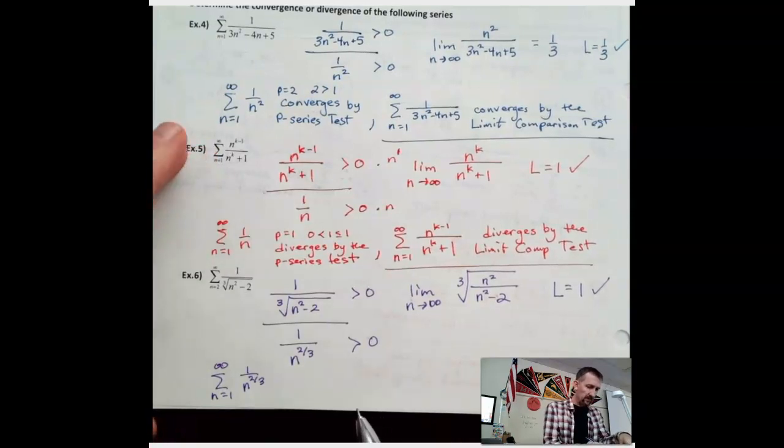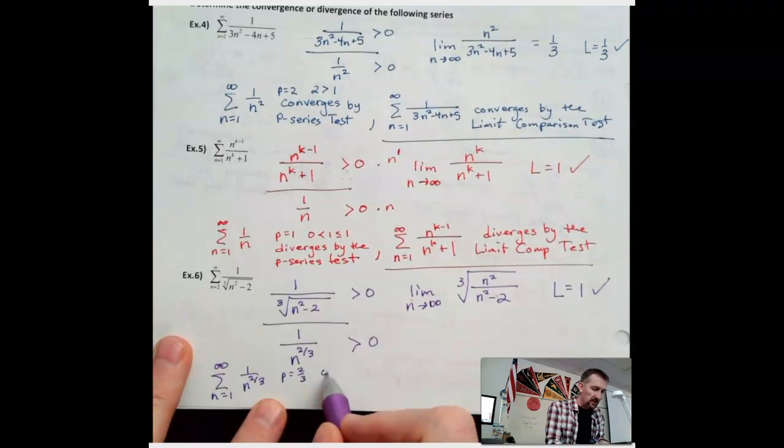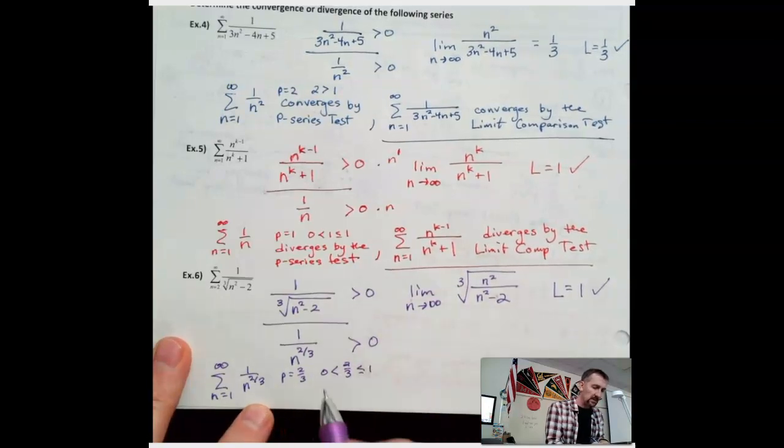So p equals 2/3. 2/3 is between 0 and 1, so that diverges by the p-series test.